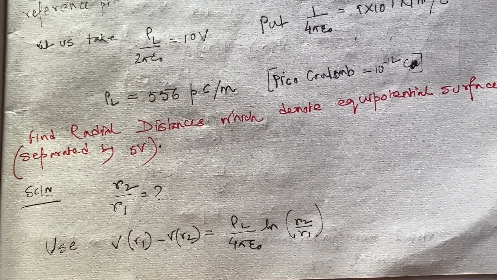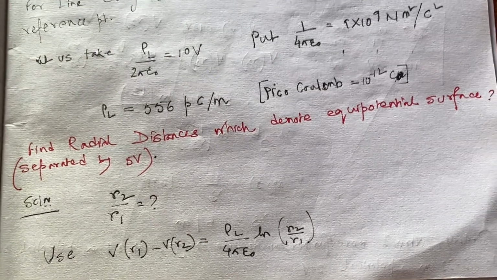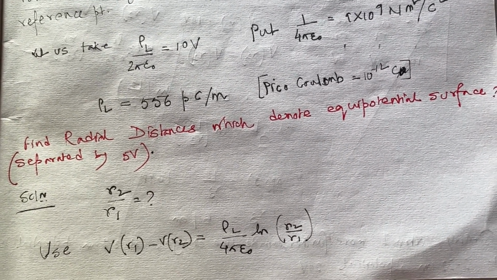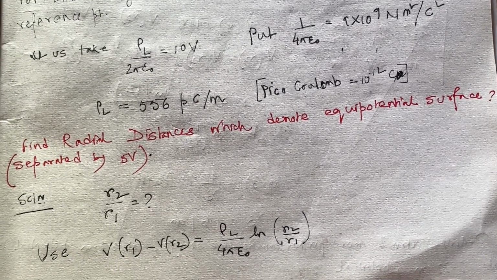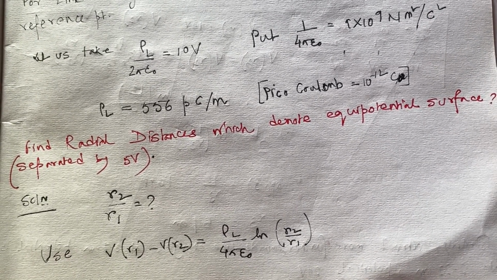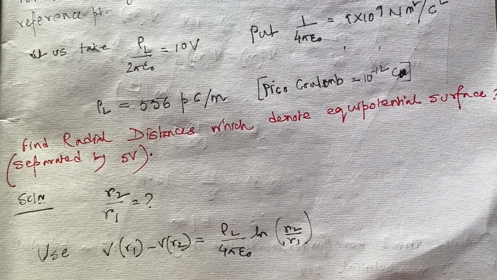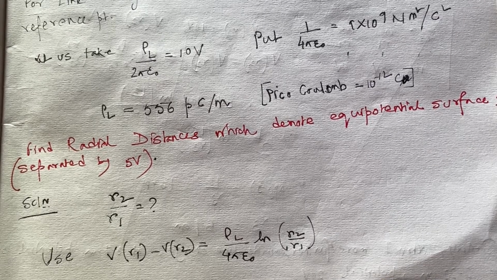Now we need to construct some equipotential surfaces, or to be more precise, equipotential contours or lines, and each two consecutive lines are separated by just 5 volt.